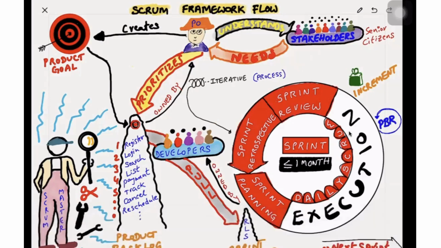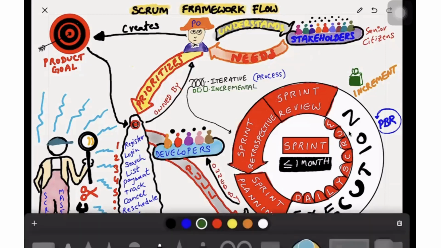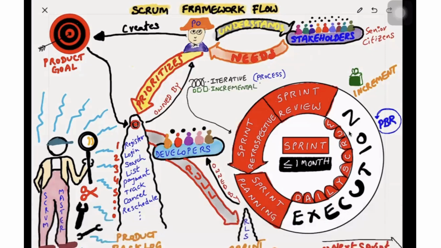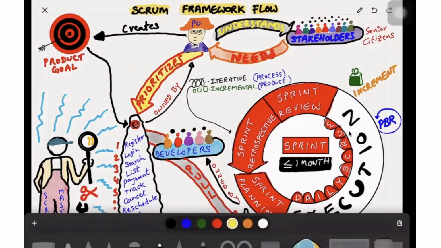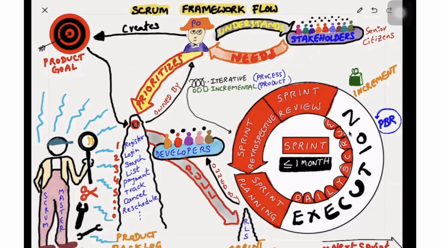At the end of every sprint, you're creating an increment. So every sprint, you will get an increment, which is called incremental. Incremental means add on to existing stuff, which will improve the product. Because of constant continuous feedback from the stakeholders, customers, users.